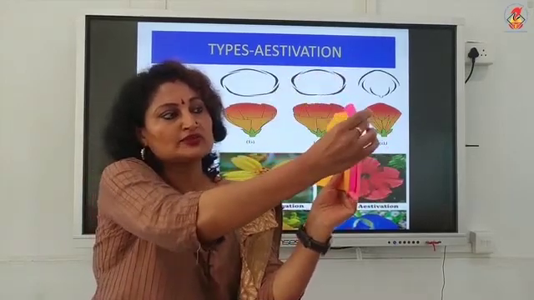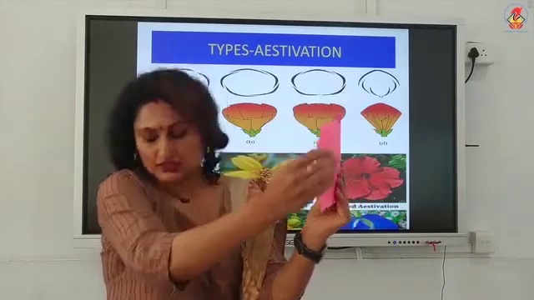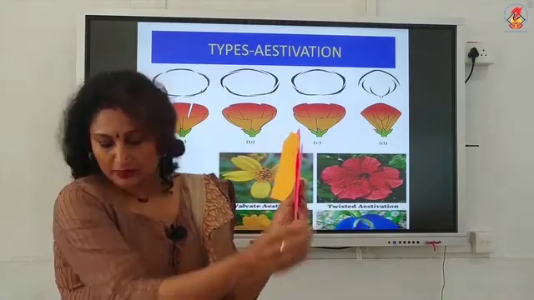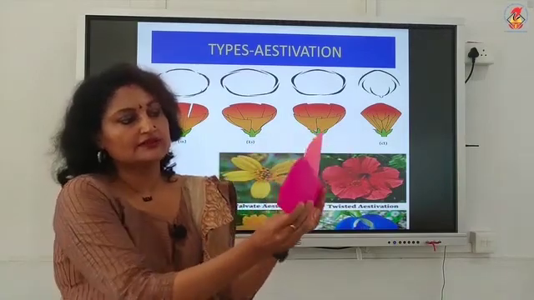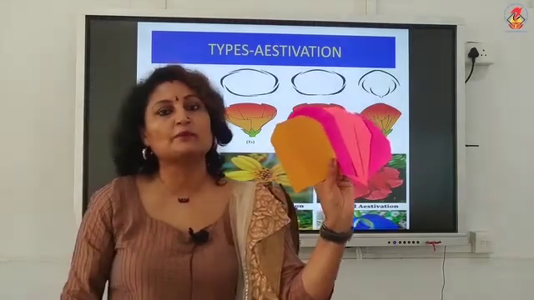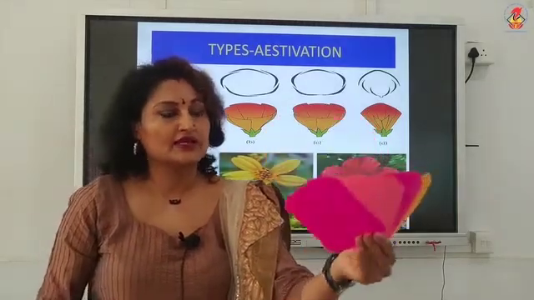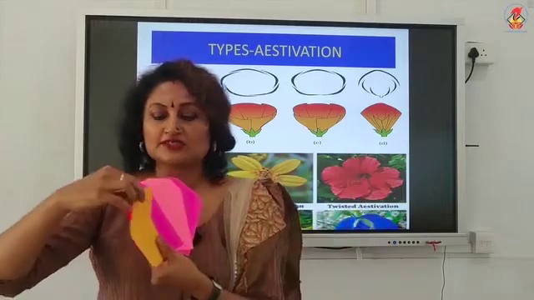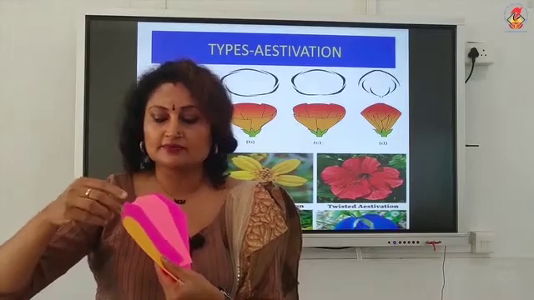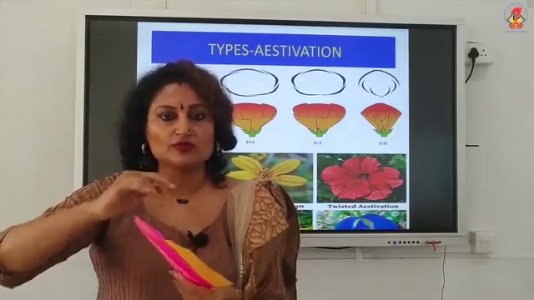Then this pink, one is overlapped and this is overlapping another. So this is called twisted. Twisted aestivation is how you hold a pack of cards while you play games with cards. Only one margin overlaps the other, while the other margin is being overlapped.